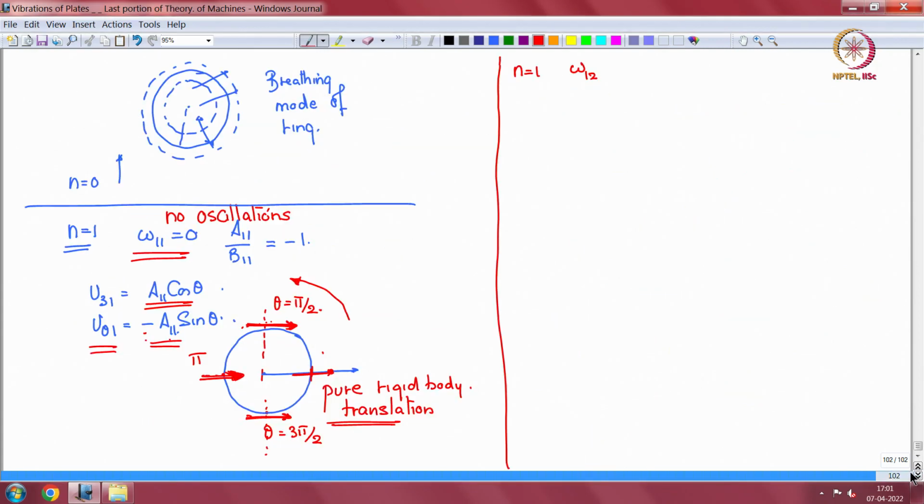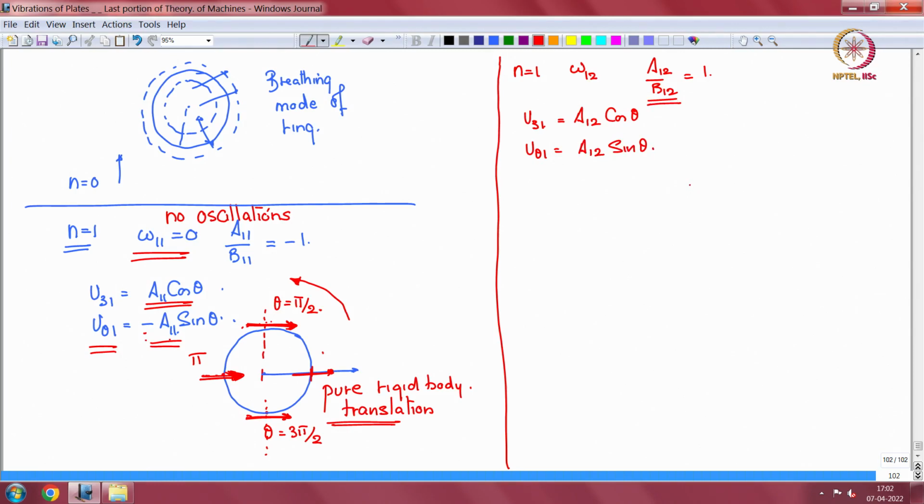So what is it now? u3 1 is a12 cos theta, and u theta 1 is equal to a12 sin theta, because b12 is equal to a12.